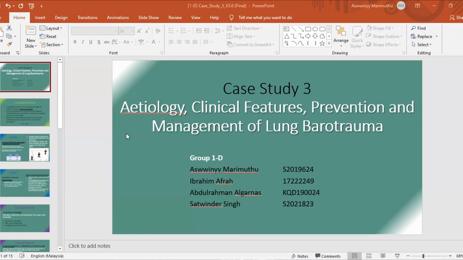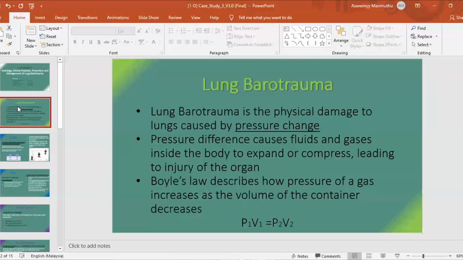It can be the lungs, the ears, the nose, the sinuses, even the abdomen. It can happen even if you have a caries in your teeth that is not filled in properly. Barotrauma is just trauma due to pressure.